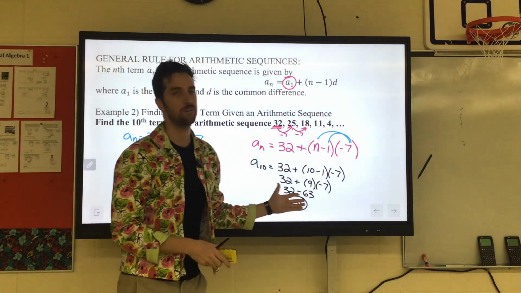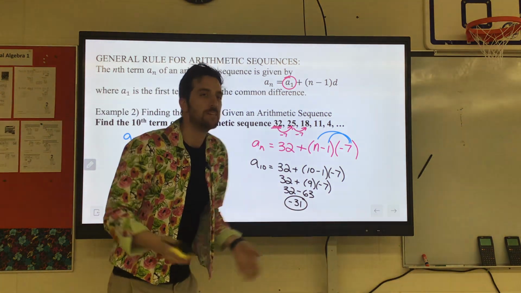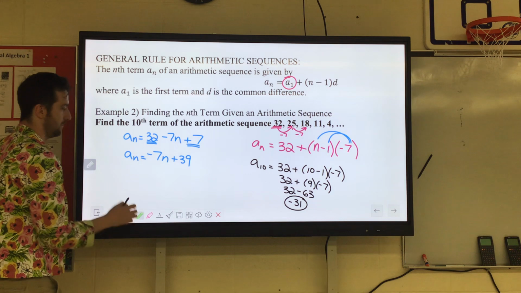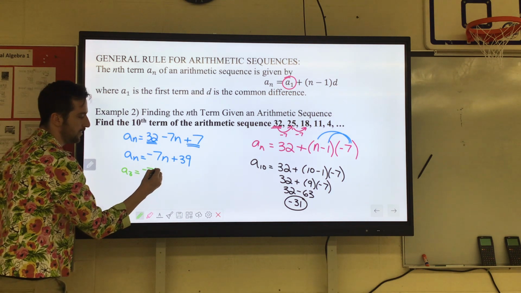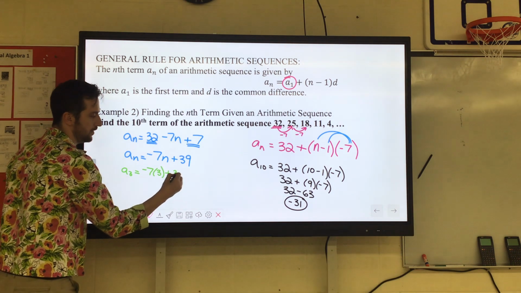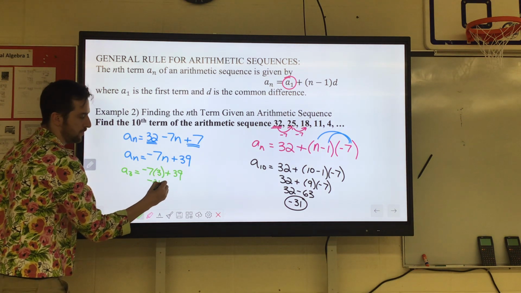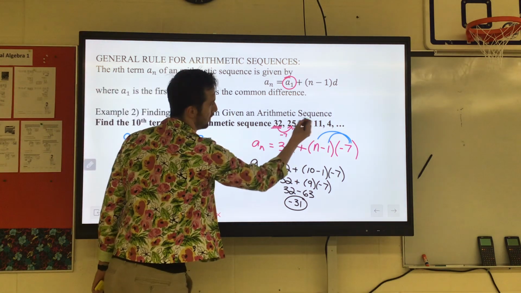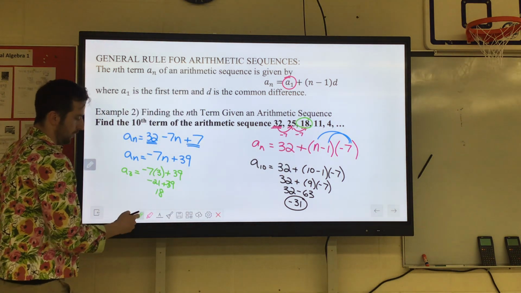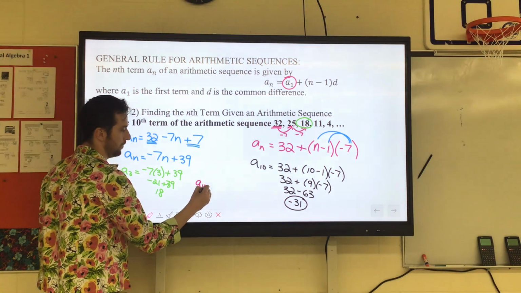So some people would rather use this formula if you had to do it for multiple numbers. If you're just putting in one number, it's not worth the time. But like here, if you were like, all right, I need the third term, you're like, okay, negative 7 times 3 plus 39, that'd be negative 21 plus 39 is 18, which they gave us the third term. But like, oh, now how about the 100th term?